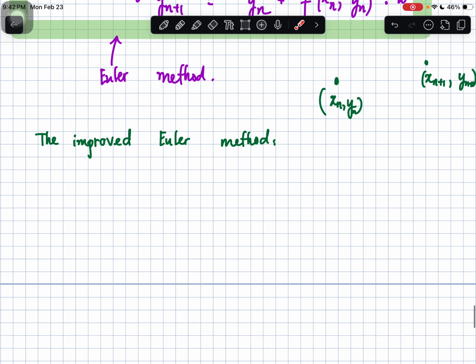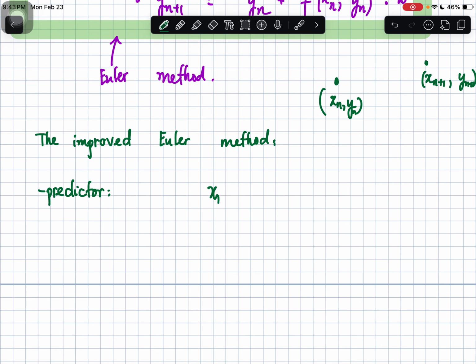So the first step, we call it the predictor. What we do is that we let still x(n+1) be xn plus the step size h.